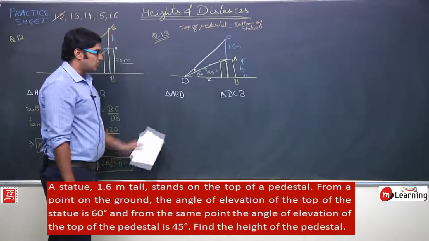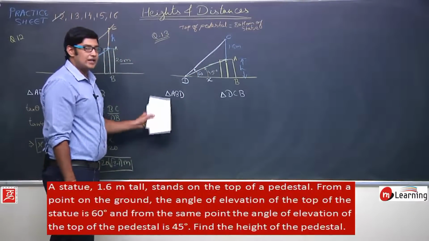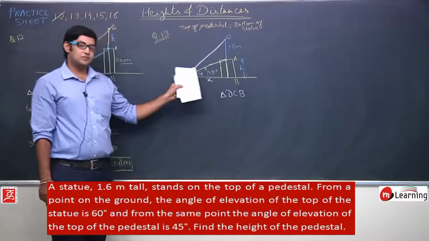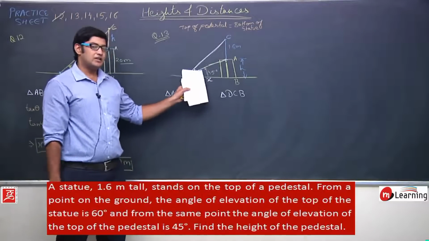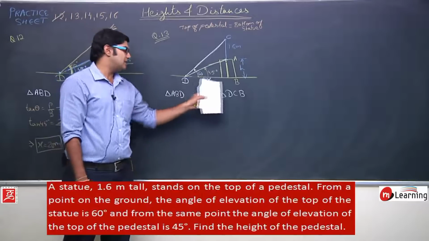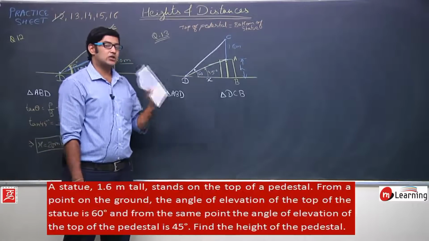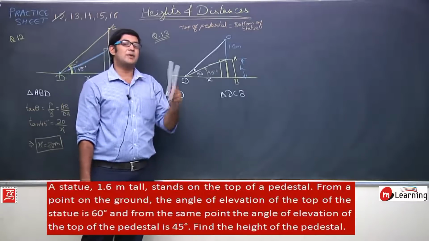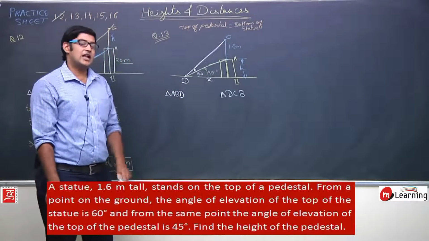Now in triangle ABD, with respect to this angle of 45 degrees, AB is the perpendicular and DB is the base. The trigonometric ratio which relates perpendicular and base is tan theta.